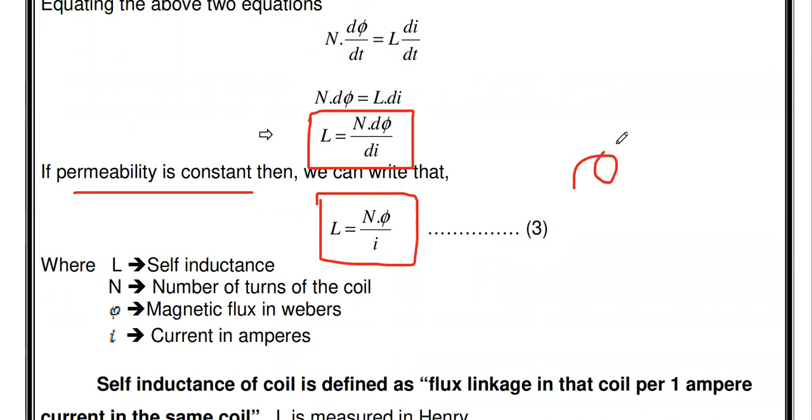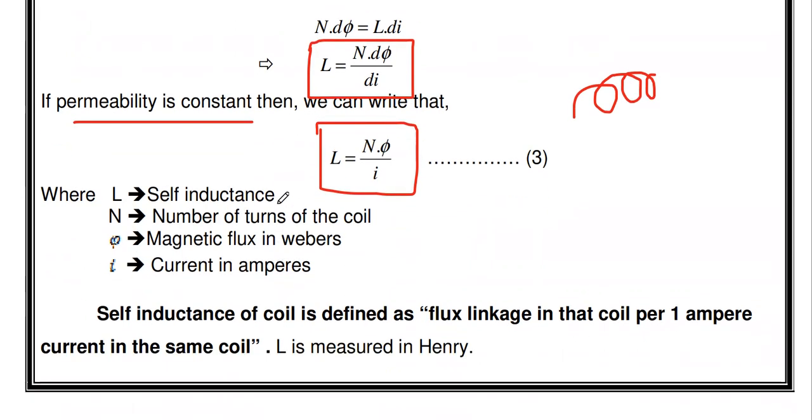How many windings we are using in the inductor, that is capital N. φ is the flux divided by I, the current flowing through the inductor. This is the formula for the self inductance, where L is the self inductance, N is the number of turns of the coil, φ is the magnetic flux in webers, and I is the current in amperes. So this formula 3 is the self inductance.